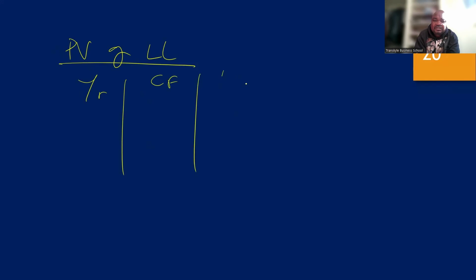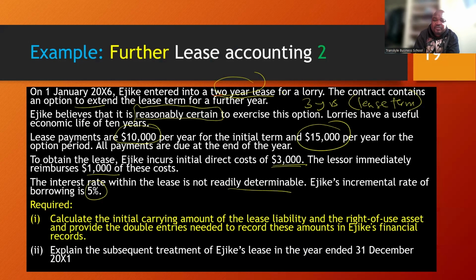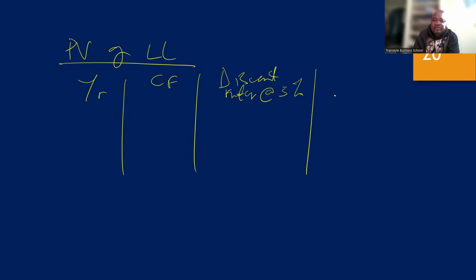So determination of the lease liability, or just say the PV of the lease liability. We've got the year, the cash flow, and the discount factor at, what is the rate here? They're using 5%. Then we've got our present value. Year 1, cash flow is 10,000.